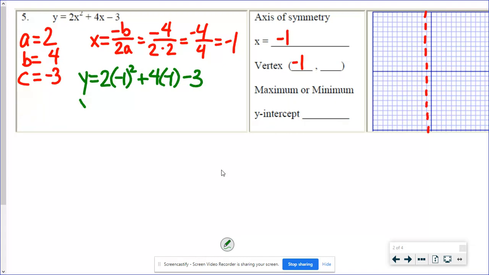So we're going to have -1 squared is 1, times 2 is 2. 4 times the -1 is -4, and then minus 3 or plus a -3. Now, if you just crunch these numbers, 2 plus a -4 is -2. -2 and -3 is going to be a -5. That means that my vertex will be at -1, -5. So you can graph that point.